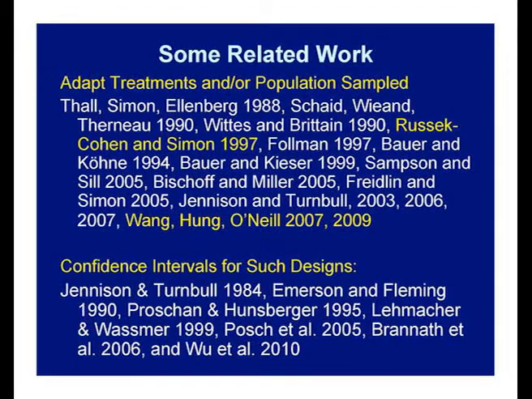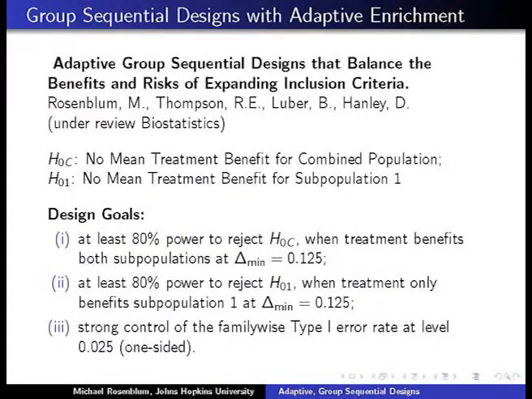I'll talk about this for the rest of the talk. This is a paper that's currently under review at Biostatistics, and it's a collaboration with Rick Thompson and Brandon Luber at the Biostatistics Consulting Center, and Dan Hanley, who's the PI of this trial.